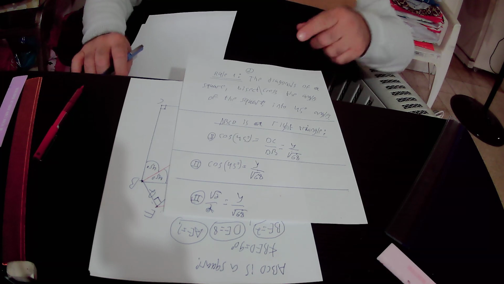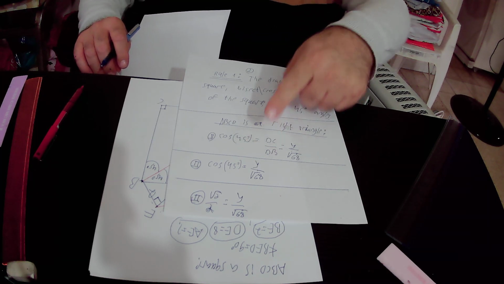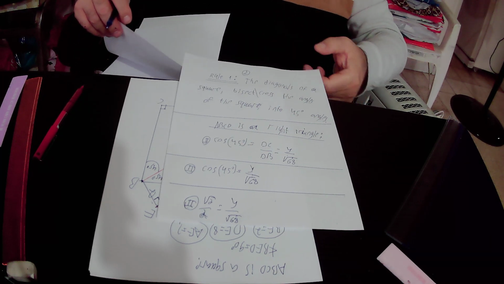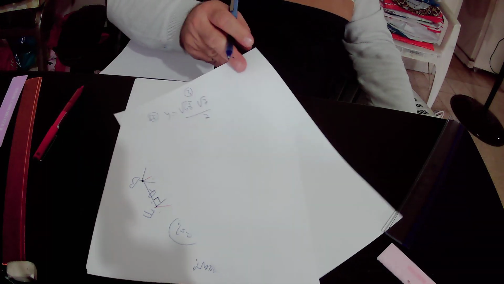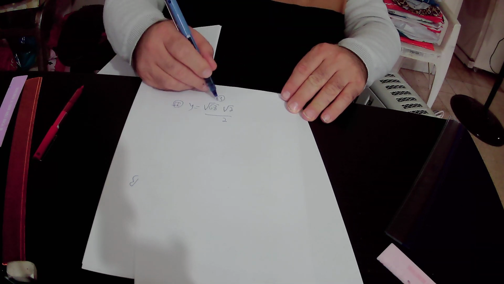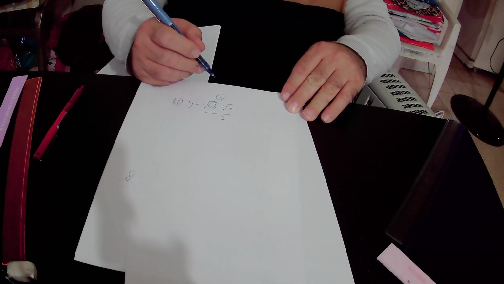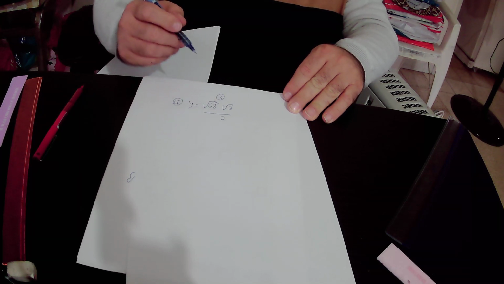Okay, so we multiplied equation number 2 by square root of 68, and we found out that y equals the square root of 68 times square root of 2 over 2.